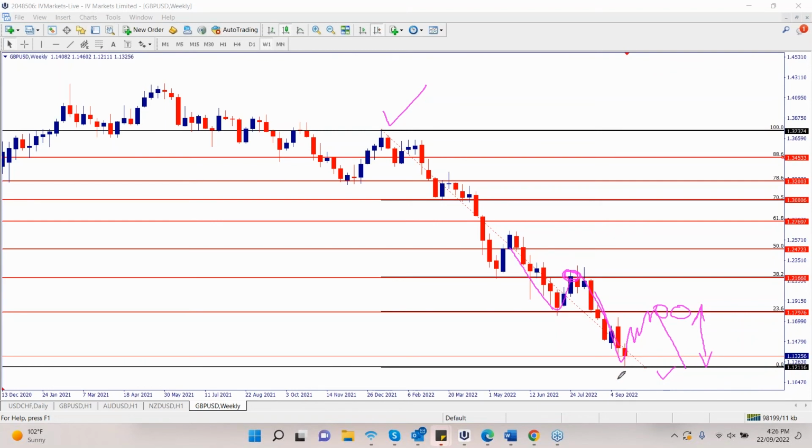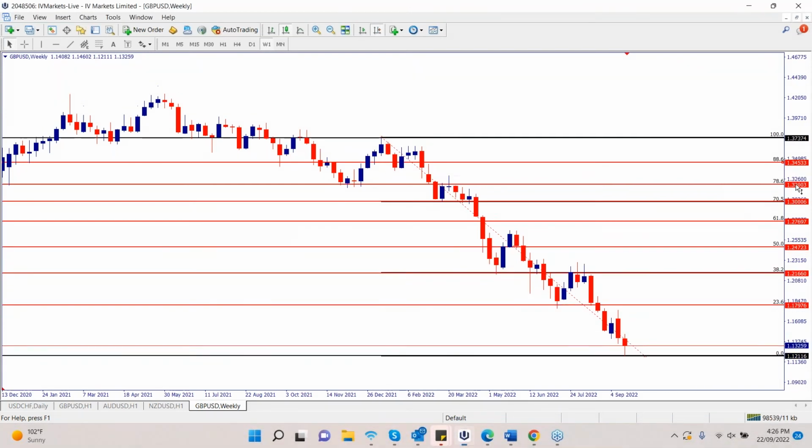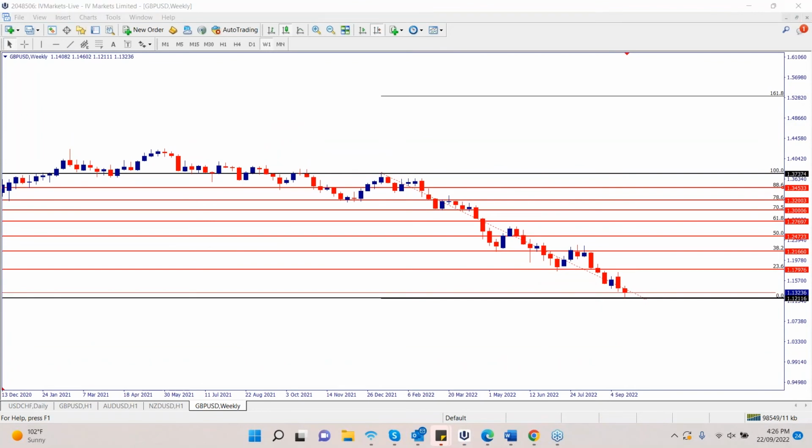As you can see, this is the impulsive low. So we have to enter the market until this level. And if in the future the market is going to break this level, then we can go for further bearish momentum.